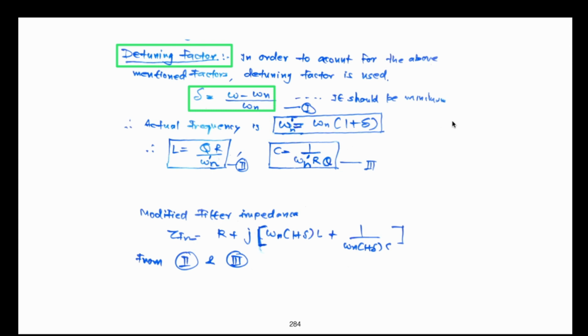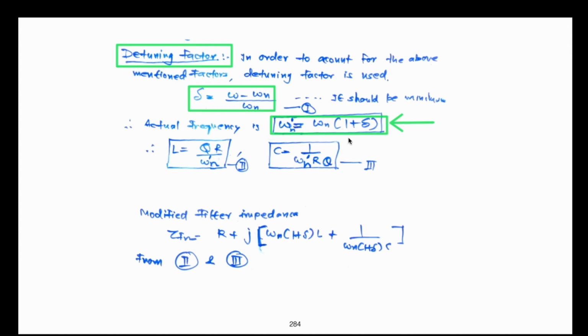As a consequence, the variable omega n will now be replaced by omega n plus delta times omega n. Some slight variation, maybe 2%, 5%, is there, and that is accounted for by increasing omega n by a small fraction. If delta is 0, omega n dash will be equal to omega n.